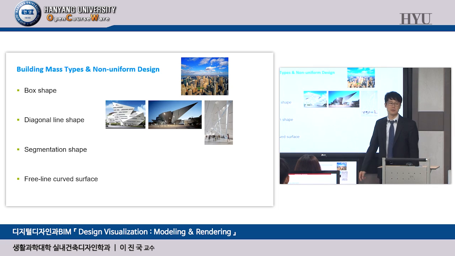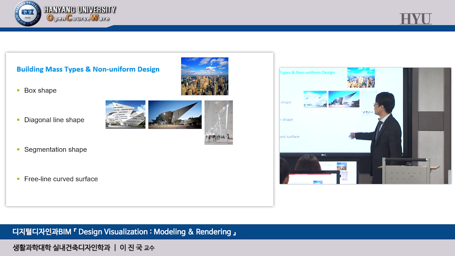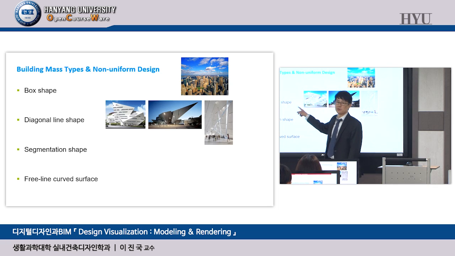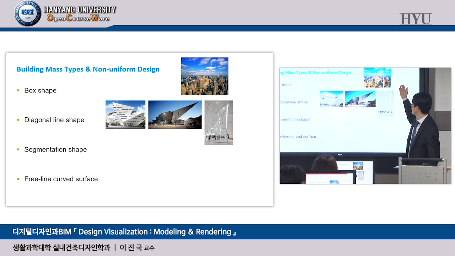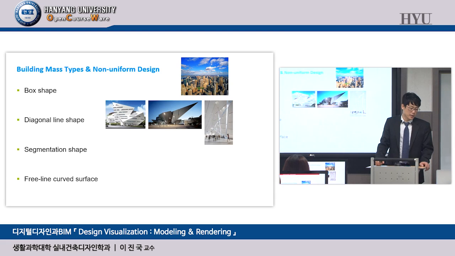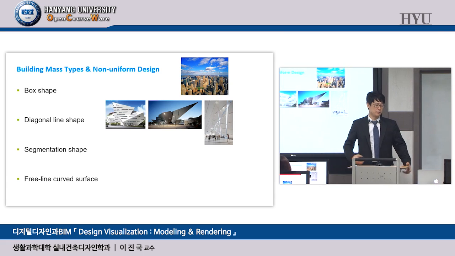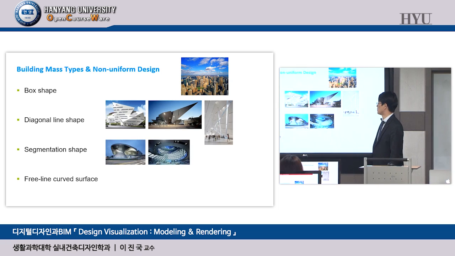Zaha Hadid is a representative designer, architect in this domain, diagonal line shape, okay? Take a look at his design, angled walls, looking like scars. Daniel Libeskind, another famous building design in Berlin, the Jewish Museum, okay? Also a diagonal line shaped design.